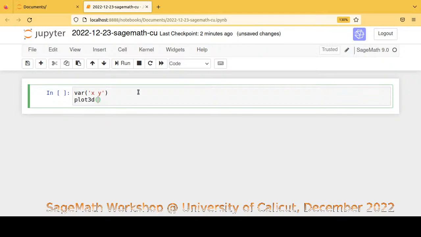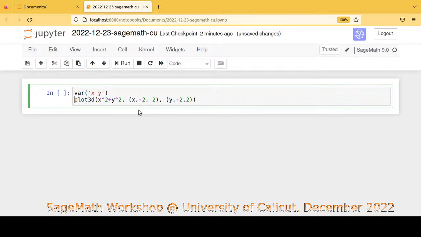Plot3d of x square plus y square. Now we need to specify the ranges of x and y. Suppose we take x in -2 to 2, and similarly y in -2 to 2.